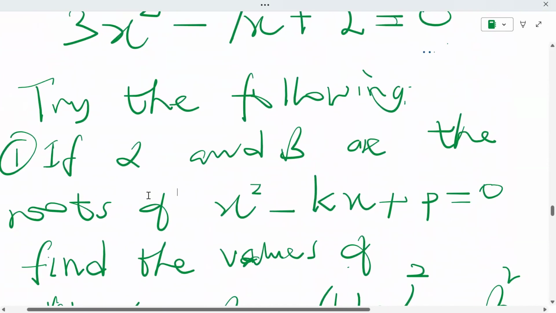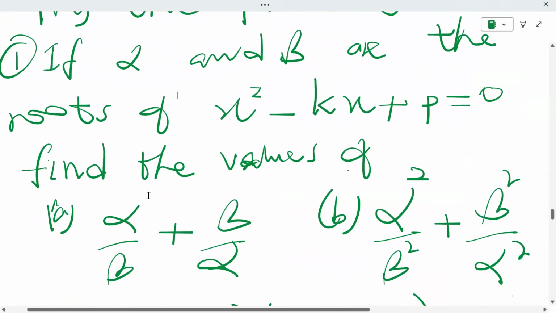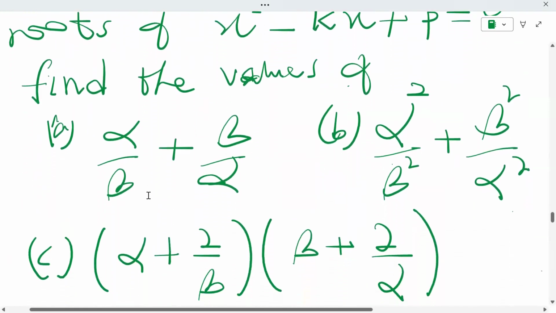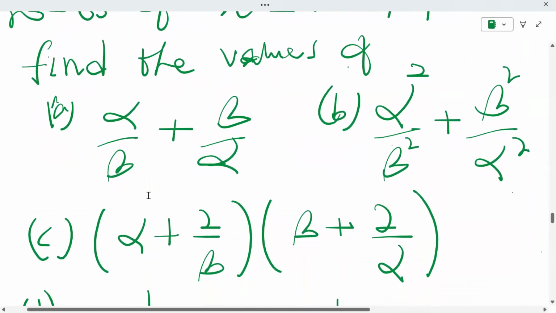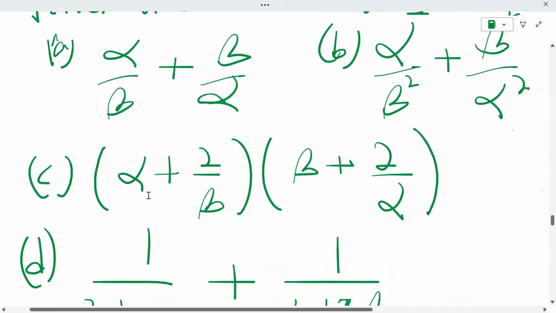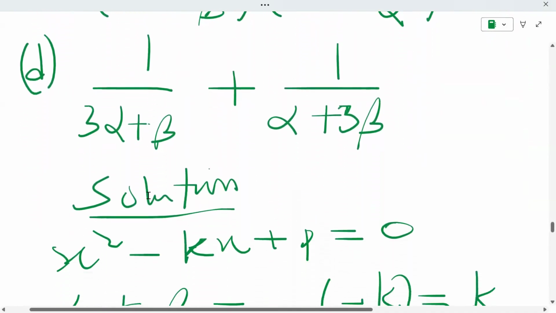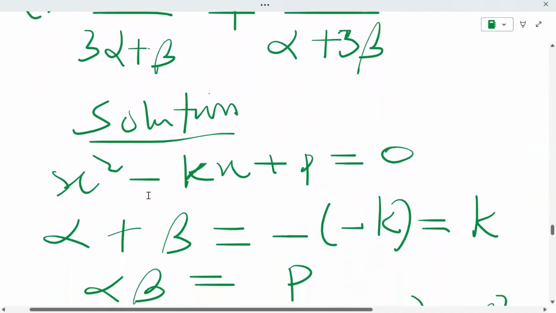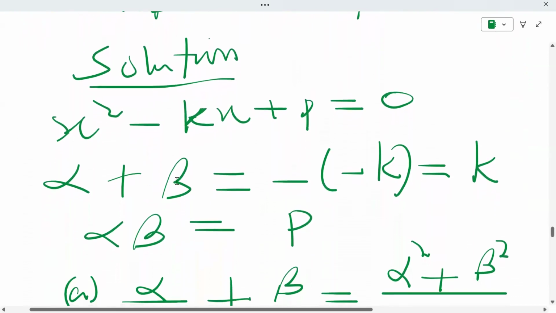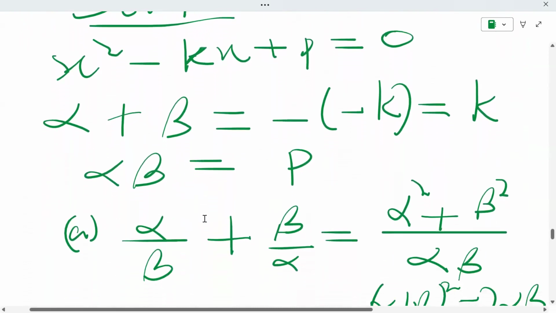If alpha and beta are the roots of x squared minus kx plus p equals 0, then we find the following values. Question A, question B, question C, and question D. And I took you through how we can find the sum of roots and the product of roots.